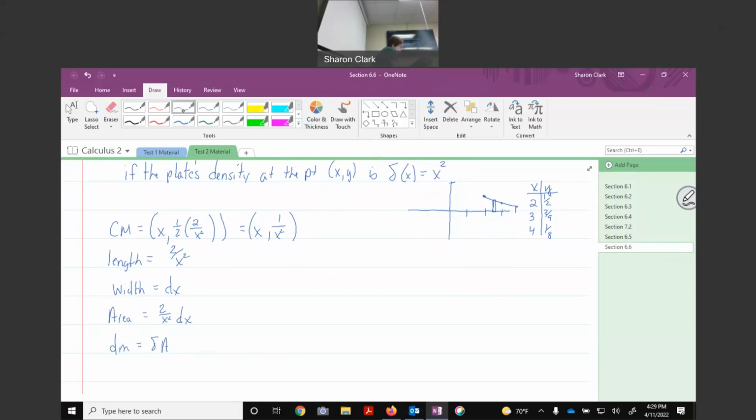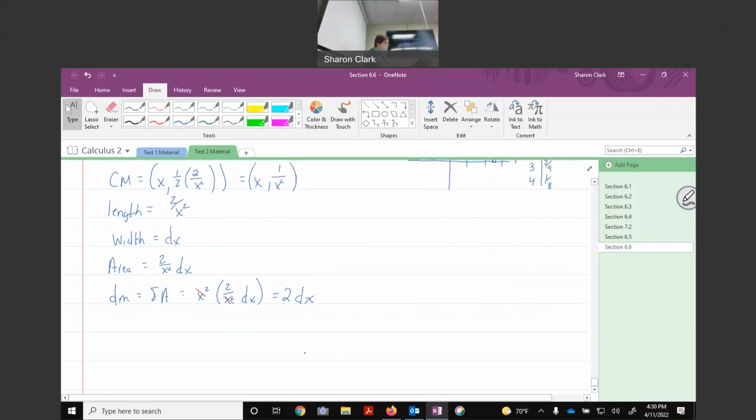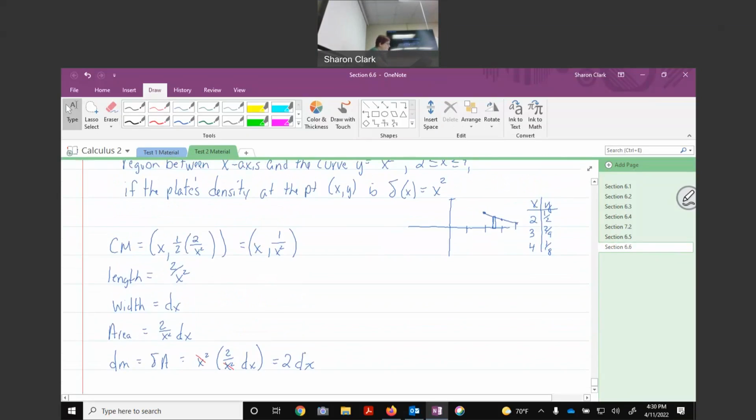So that is x squared times 2 over x squared dx. The x squareds cancel, and I get 2 dx. Okay, now there's no symmetry here, so we're going to have to find both the x and the y.